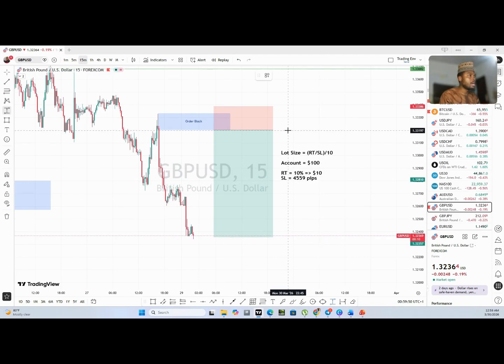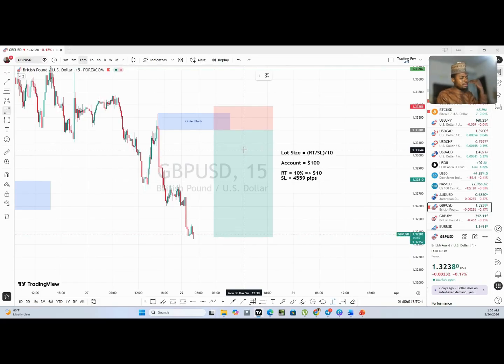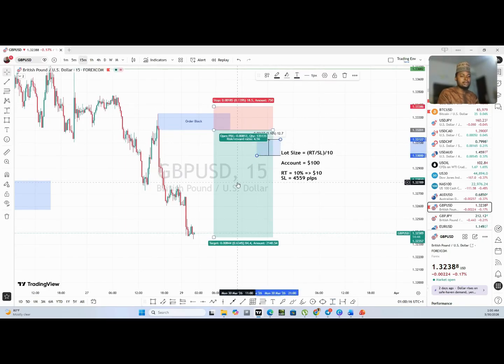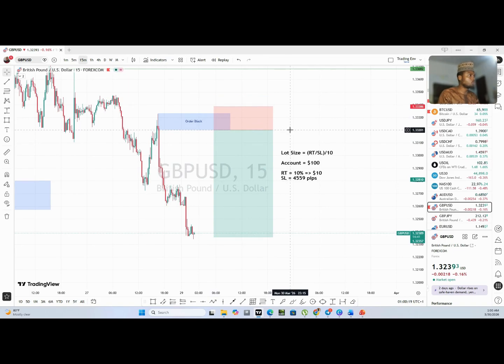So from here to here is what? There are so many ways to get the pips from one area to another. The most common one is using this position tool. This position tool can give you your stop loss in pips, from here to here.